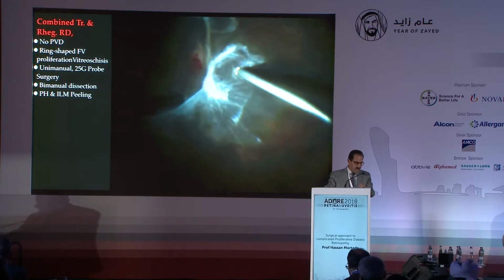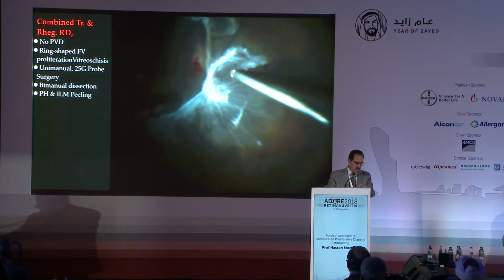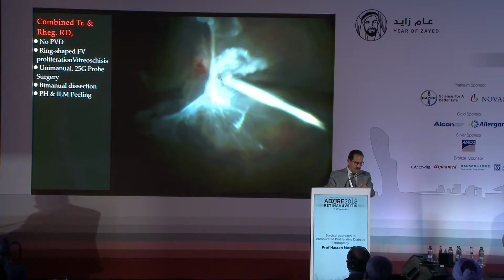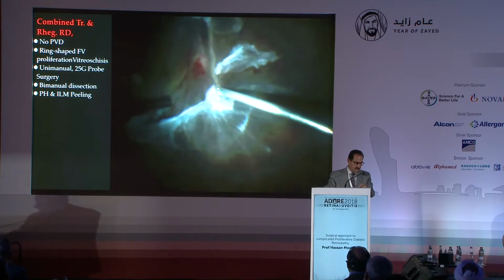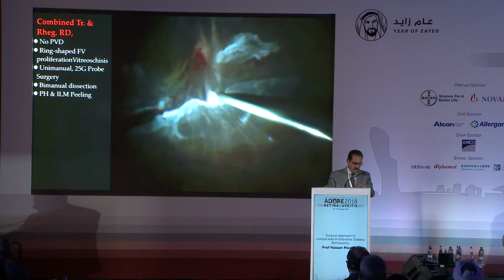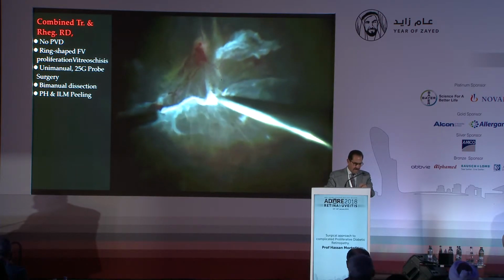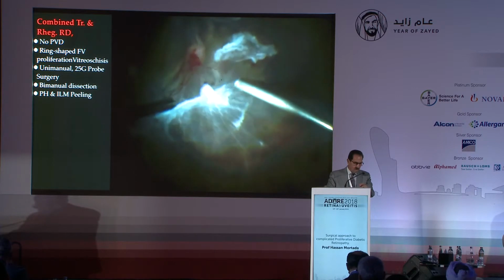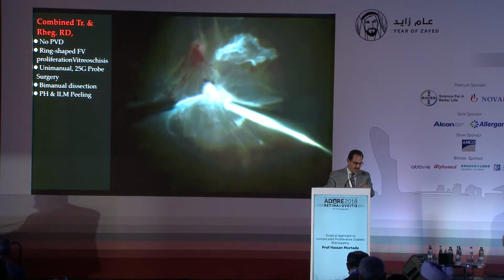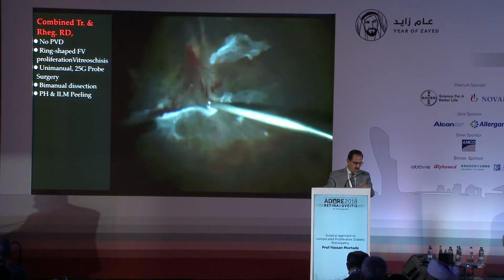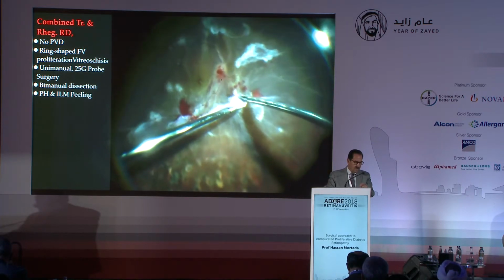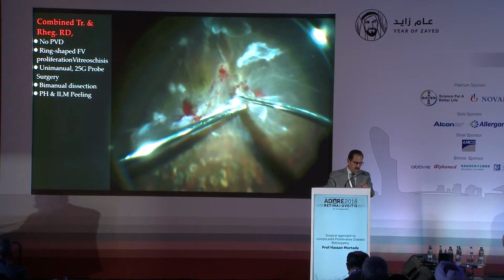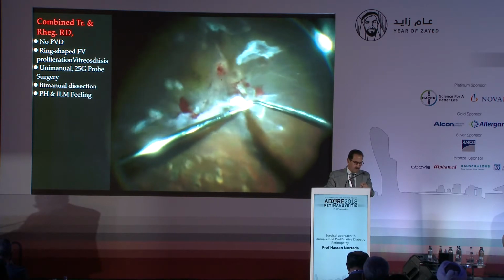Here I tried first the probe technique, but shortly I realized that the underlying retina is too mobile and it is difficult to deal with the fibrovascular tissue. So the only way was to use the scissors and forceps.